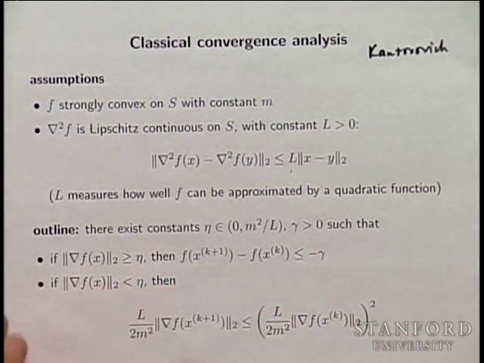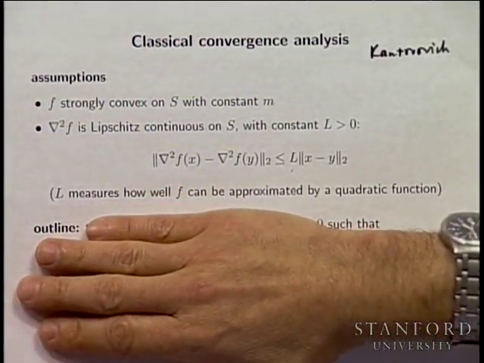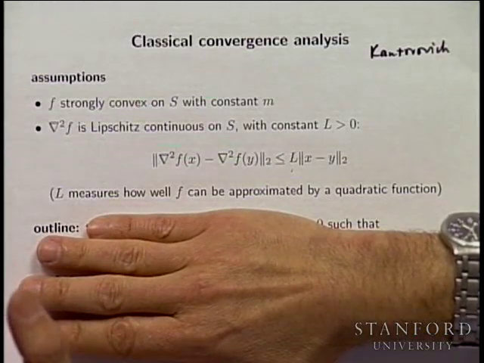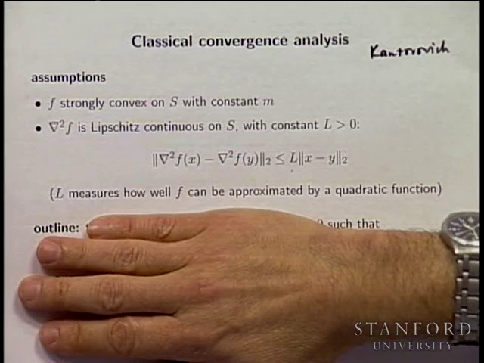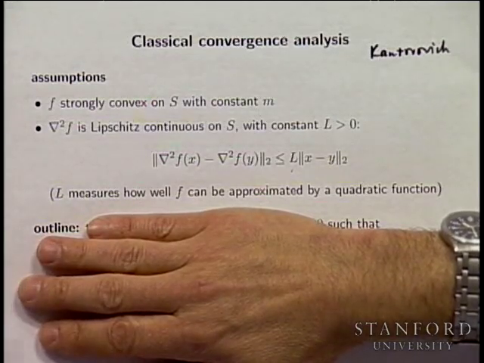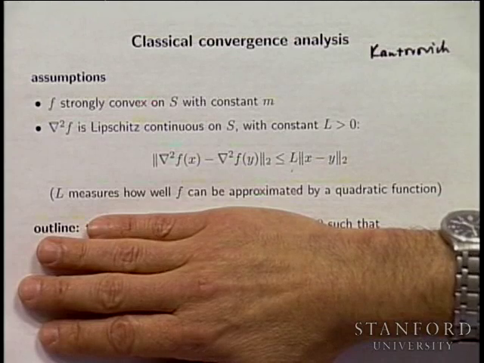So by the way, before we get into this, let me ask you some questions. How well does Newton's method work on quadratic functions? One step. It works super well. Why? Because Newton's method takes a point and develops a quadratic model of your function. Now, in this case, it happens to be your function because your function is quadratic.